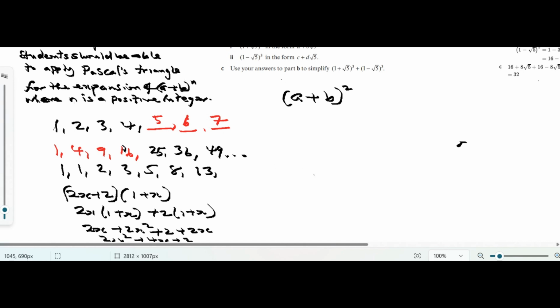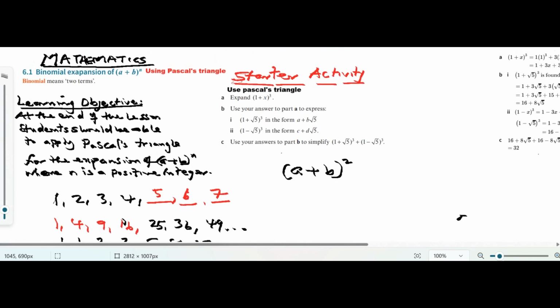When we say binomial expression, we are saying an expression with two terms, and the power is positive. If your n is positive, you can apply Pascal triangle. In our subsequent episodes, we are going to see when the power is negative, less than 0, or not positive.